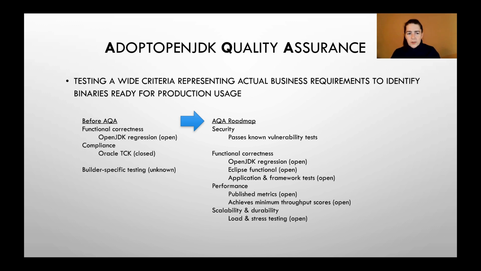There are a lot of distributions of OpenJDK binaries out there, and from all accounts, people are using the OpenJDK regression suite, which is part of the OpenJDK repo. It's a fantastic set of tests. But over and beyond that, it is not obvious, it's not open and transparent, what different distributions are doing in terms of testing the quality of their binaries.